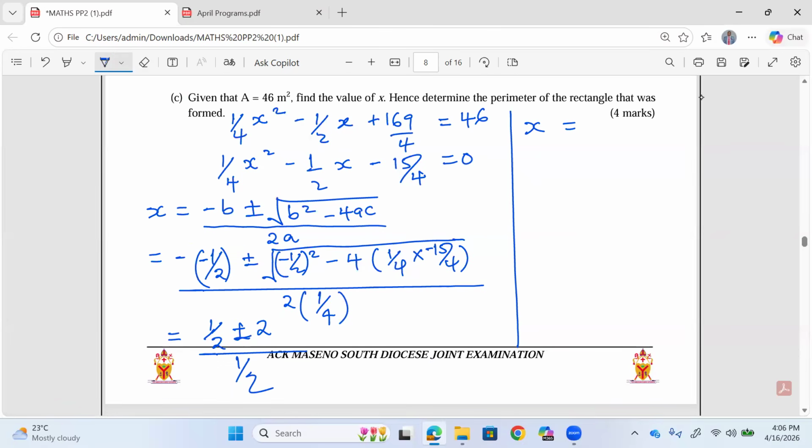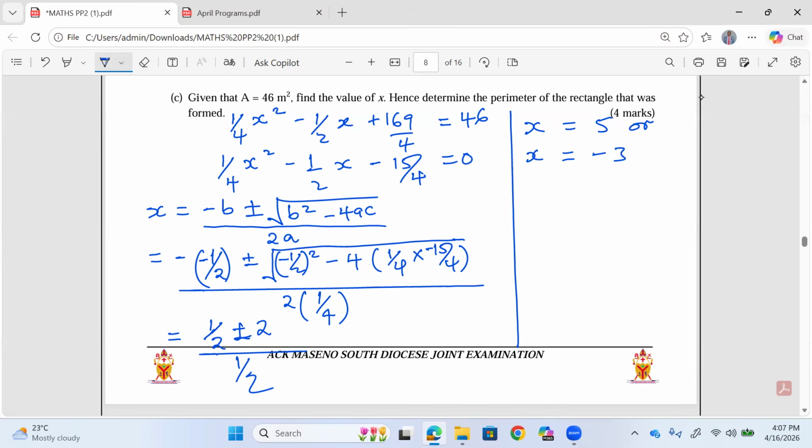Then we divide by half, we get exactly 5. Or x equals half minus 2. Then we divide by half, and we get negative 3. So we have 2 possible values of x, that is a positive 5 and negative 3.